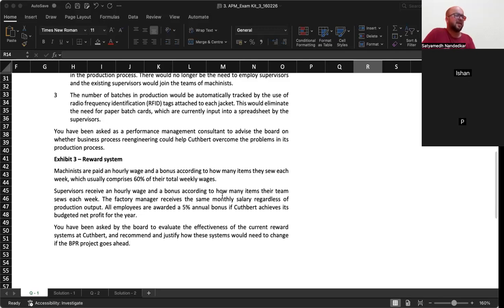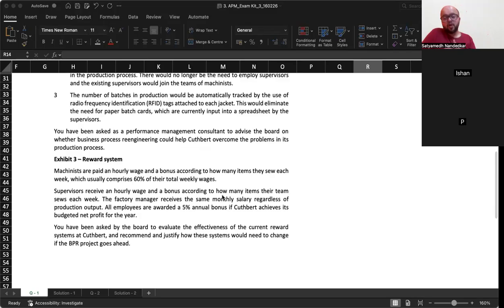And 5% of salary is not a big number to motivate anyone to get something done. So these may not be significant enough to motivate. So that is an issue. Right now, the current reward system focuses on quantity. There is no emphasis on quality, teamwork, or innovation, right? It also encourages you to work individually and not together in teams.